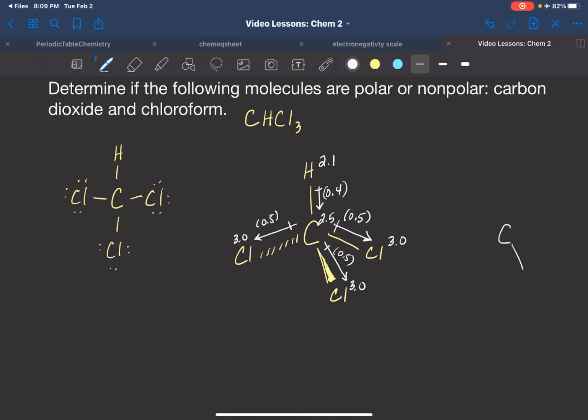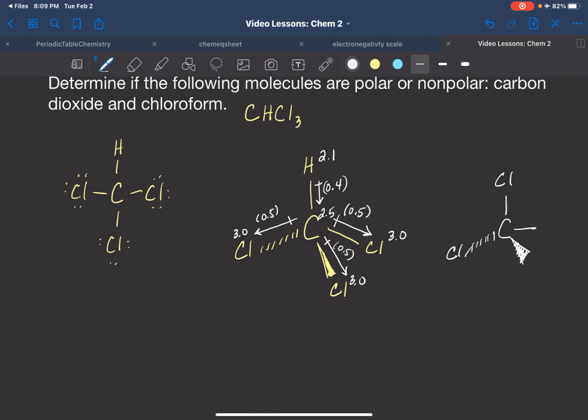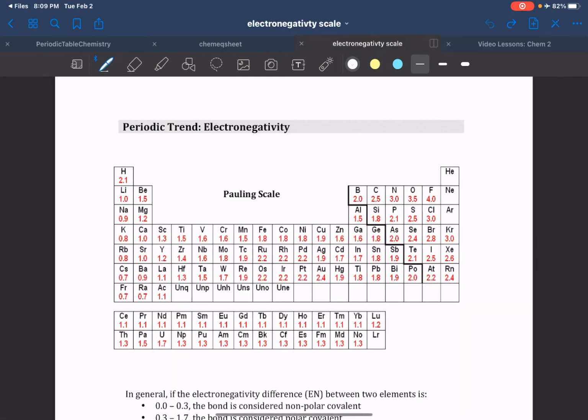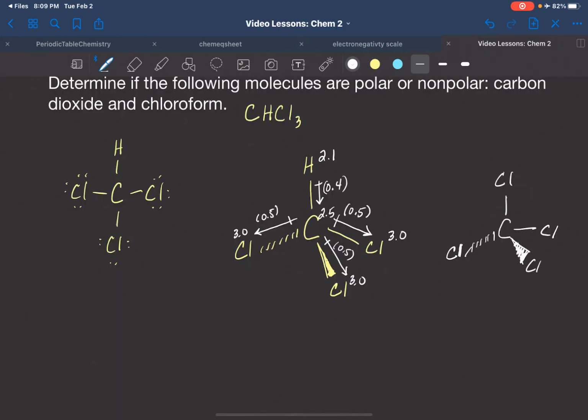If we had carbon tetrachloride, let's go ahead and take a look at the numbers for chlorine. Chlorine, remember, is 3.0. So we've got 3.0 here, 3.0 here, 3.0 here, and 3.0 here.